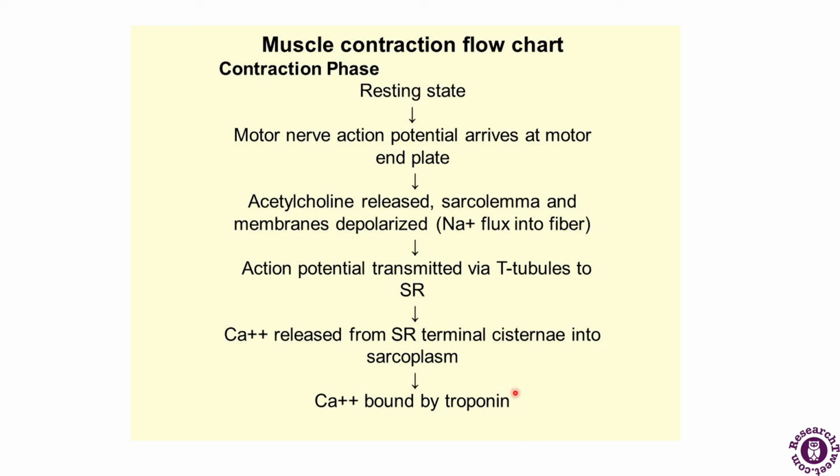And after this, which is the last step, the Ca2+ is bound by the troponin. This enables the myosin molecule heads to grab and pull their way along the thin filament. This is the driving force of the muscle contraction.